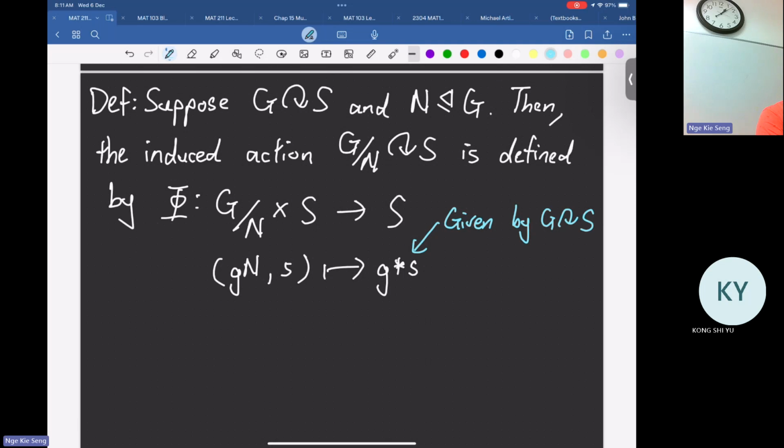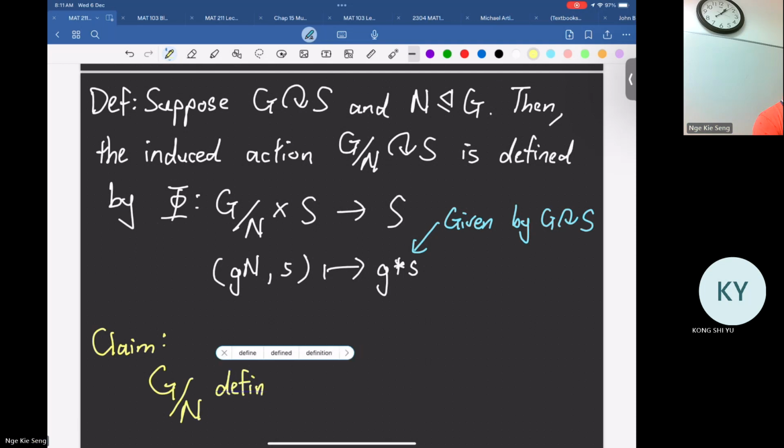The claim we will show here is about G mod N.